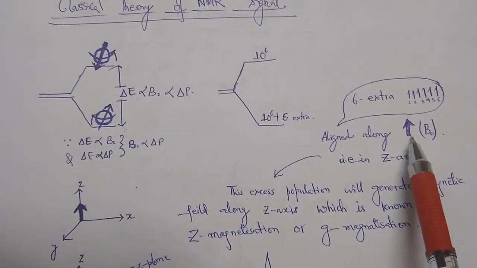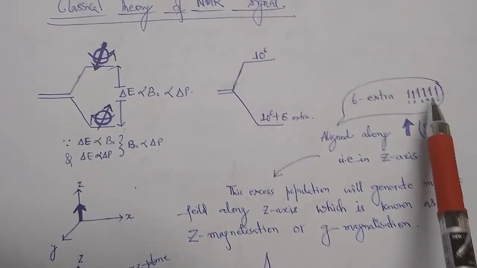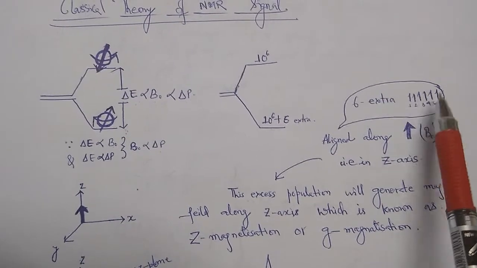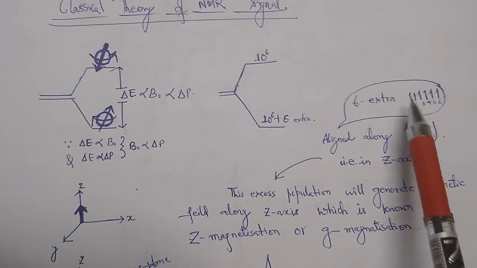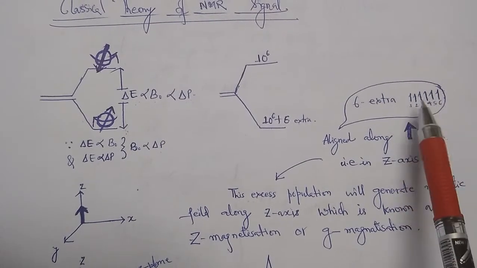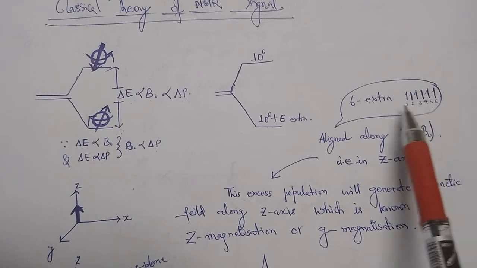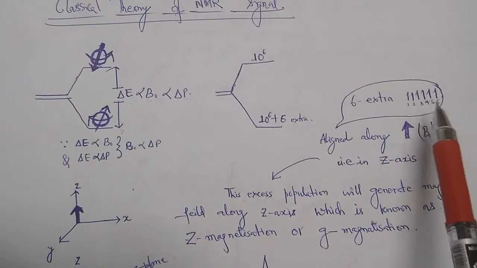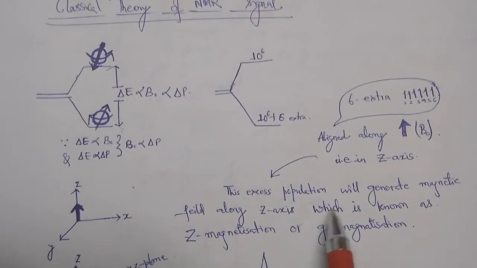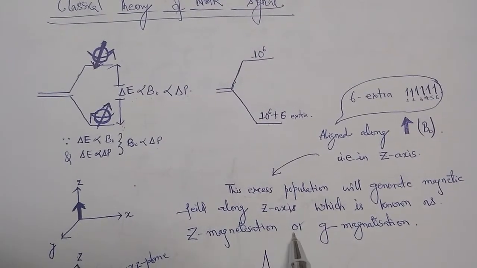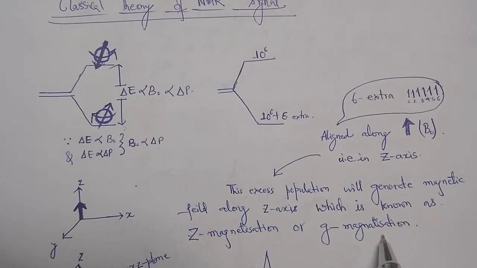The external magnetic field and all these extra spins aligned in the same direction as the external magnetic field will generate a magnetic field along the Z axis, that is known as Z magnetization or longitudinal magnetization.